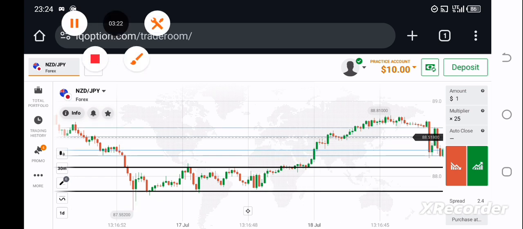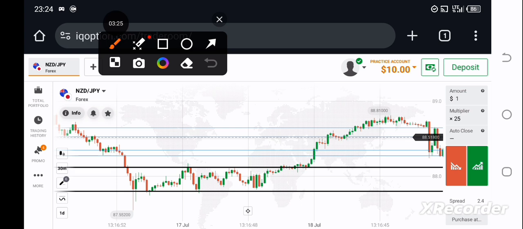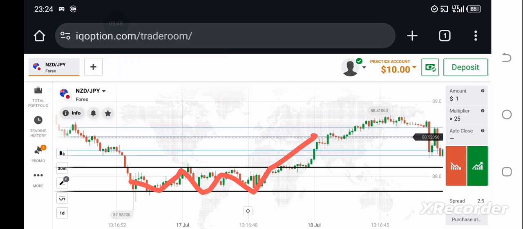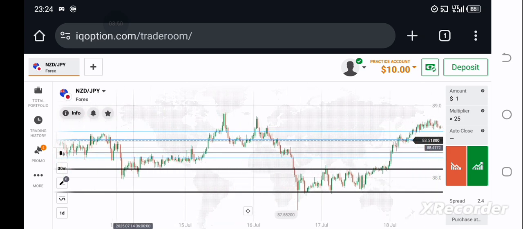As you can see clearly, the market is moving within the box. Okay, and see, before eventually it broke. So in this situation, if the market breaks to the upside, most likely the buyers will continue to take the market upwards. Okay, if the market breaks downward, most likely the sellers will continue to push the market downwards.